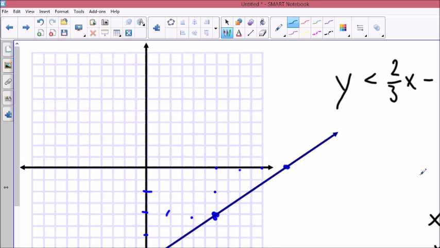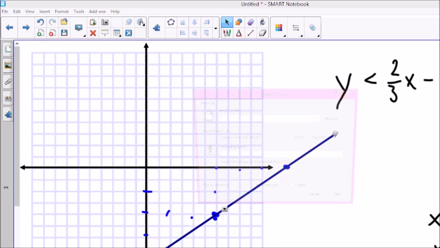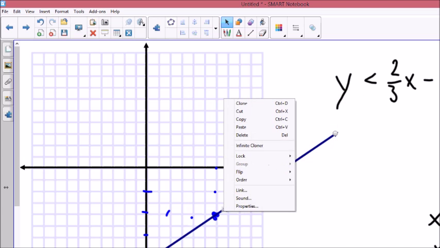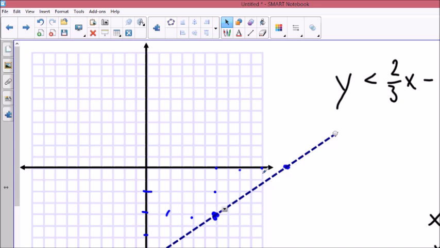When we're looking at an inequality with two variables now, with the x and the y, there's not really a way I can use parentheses or square brackets on my line. So the equivalent is, if it says less than or greater than, instead of less than or equal to or greater than or equal to, the way that I know to stay off of that line is I make it a dotted line instead of connecting the dots and making it solid.